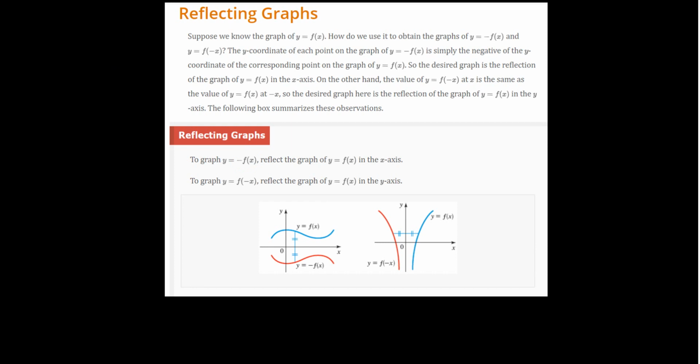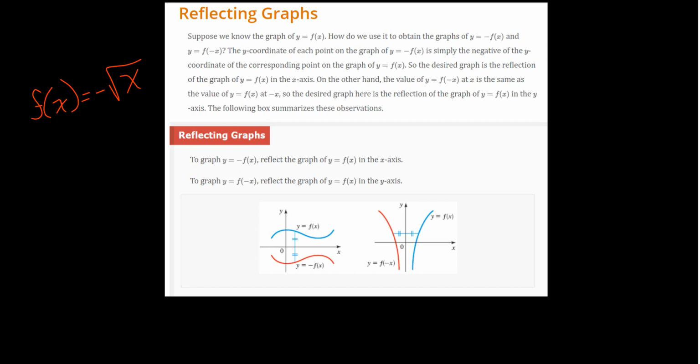Let's actually write f of x. Let's do f of x equal to the negative square root of x. This is the negative of the square root function, obviously. And on the previous page, a square root function looks like that if we graph it.